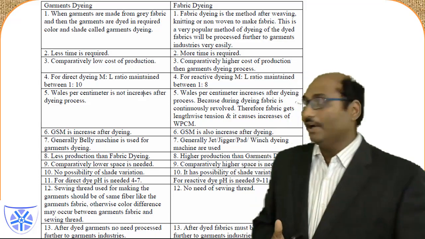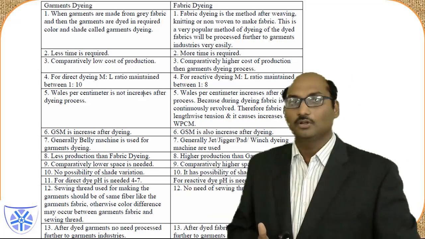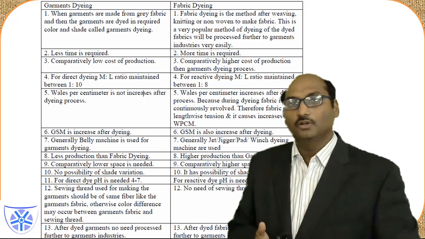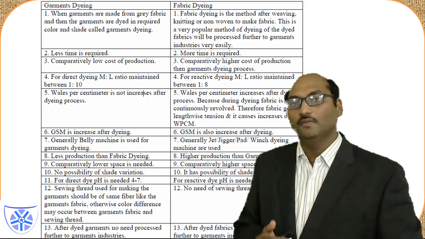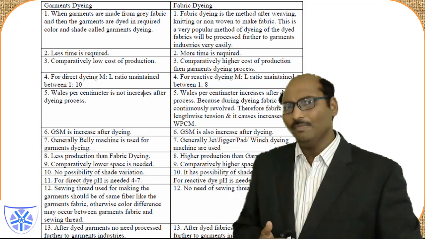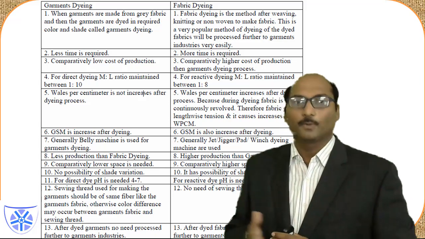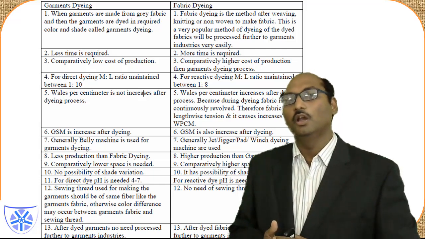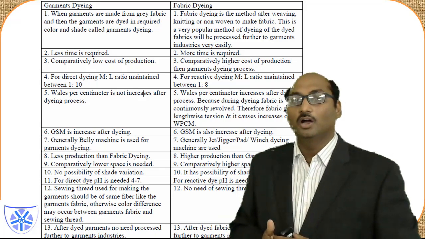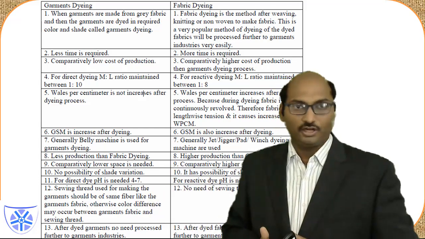Another point is that the wales per centimeter do not increase after the dyeing process in garment dyeing, whereas in fabric dyeing they may change slightly. In knitted fabric processing, we hold the fabric in one direction, and that is the reason wales per centimeter sometimes increase, due to the reduction in the horizontal direction.